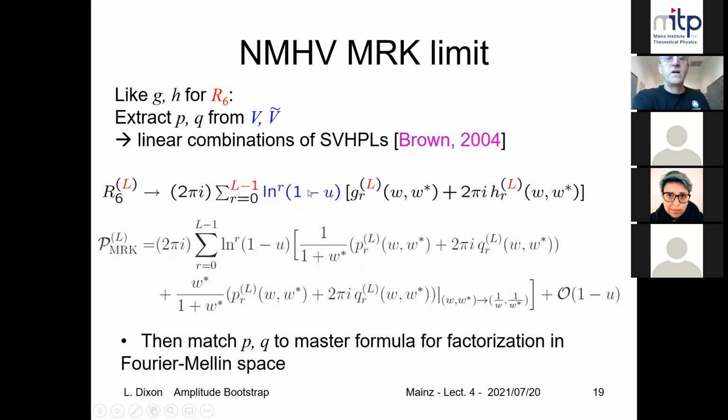So if you are able to do those sums and identify them, then you can work out the behavior of the remainder function and of the ratio function involving NMHV in terms of quantities like this, where these G's and H's are all single valued HPLs, as are the P's and Q's. In the NMHV case, there are additional factors which you can think of as coming from the limits of the dual superconformal invariants, these R ratios.